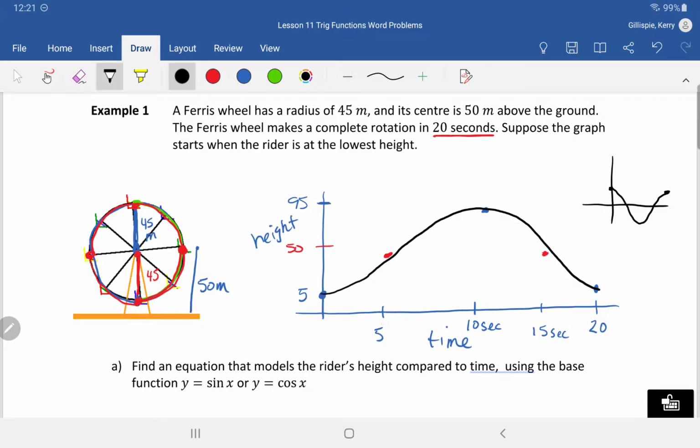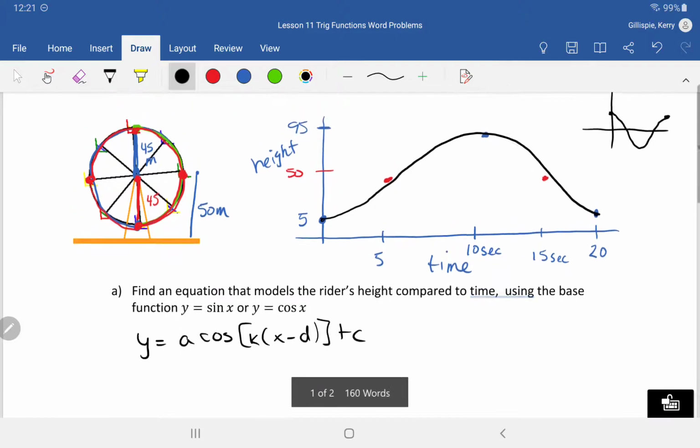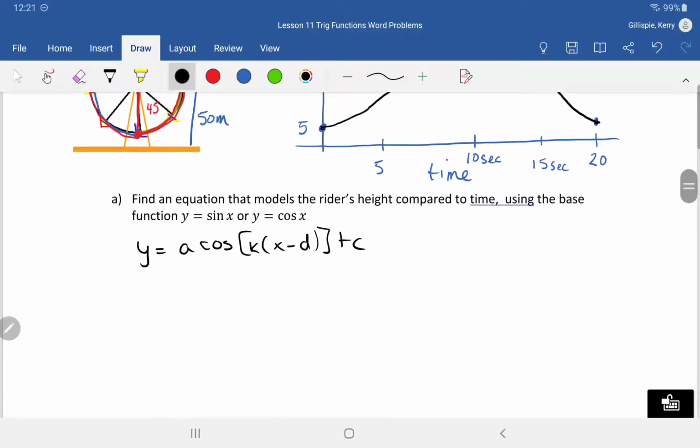This one is an upside down cosine graph. It's starting at its min and coming back to its minimum. All right, so some important information we need to figure out. We're going to choose to do a cos graph because this is just an inverted cos graph. And we're going to solve for A, K, D, and C just like we did in the non-word problem examples last week.